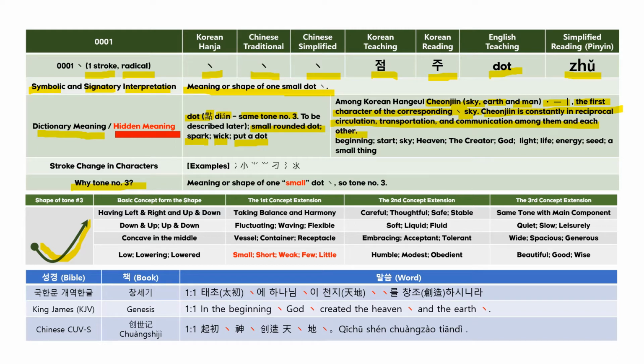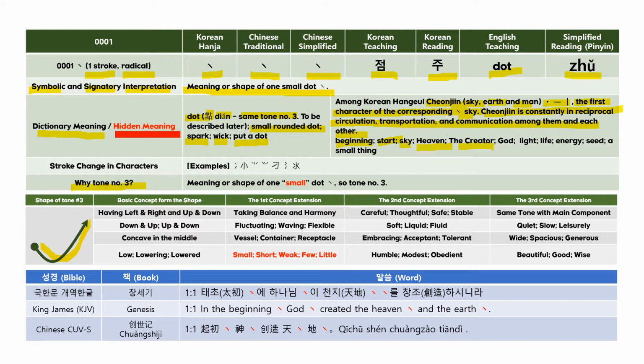So let me explain the hidden meanings. The beginning, the start, the sky, the first character of 천지인. You can imagine heaven, the creator.